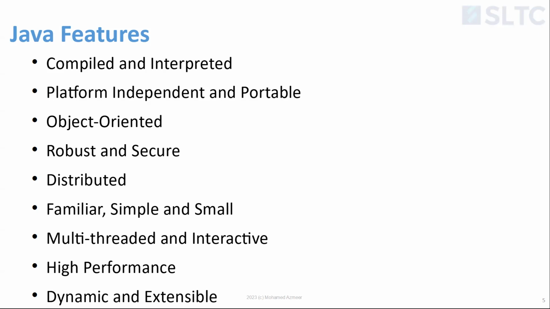It's the programmer's fault if something goes wrong. And also secure. So it's not easy to hack a Java program. Well, there are different ways. There is something called reverse engineering the bytecode and whatnot, but not very easy to do. You can always secure it further.